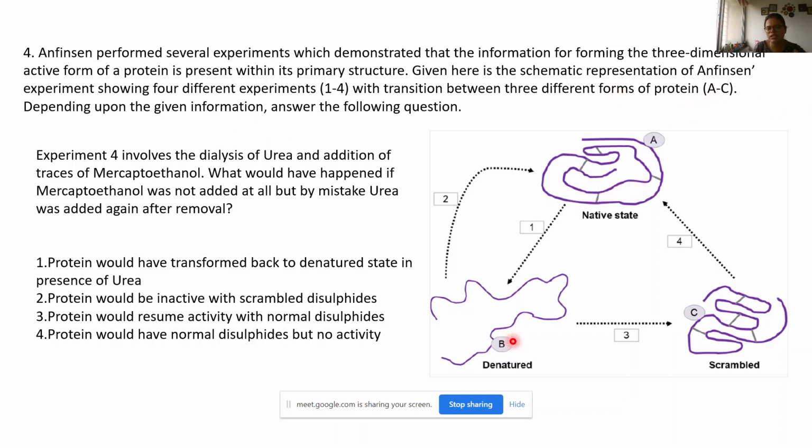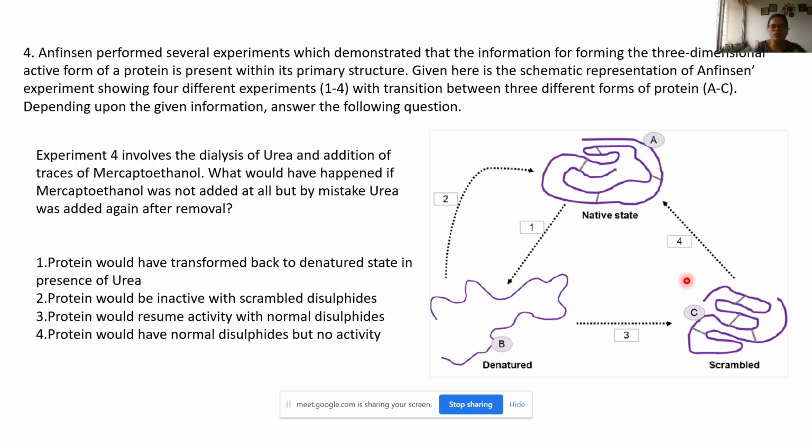This is a native functional form, this is the denatured form, and this is the scrambled form. Depending upon the given information, answer the following question. Experiment 4, as you can see here, is from scrambled to native state.